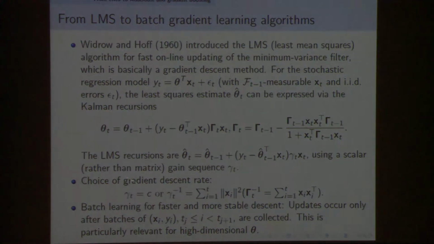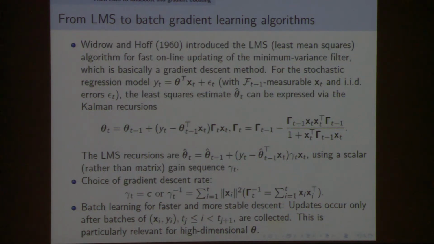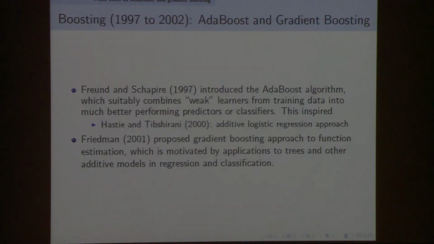In other words, you don't update at every time. You collect enough data and then you do the update. So this is particularly relevant today when we talk about big data, so you have this theta_t. But that was the first idea.